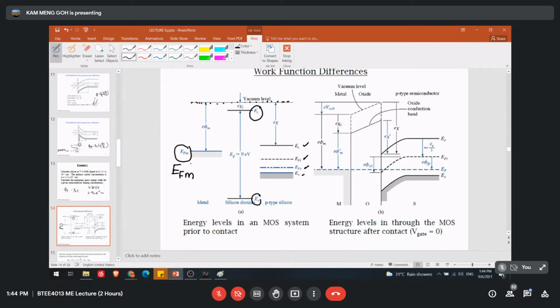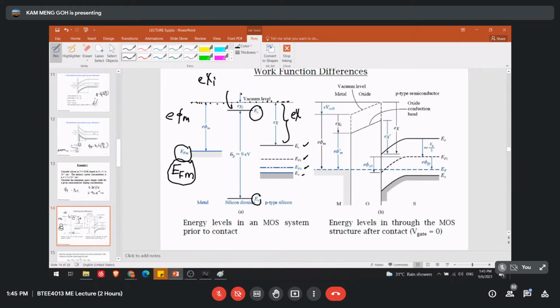The difference between the Fermi energy level of the metal and the vacuum level, we write as delta M. Then the difference between the vacuum level and the conduction band energy level for the insulator, we write as ESI. And for the semiconductor, the gap, we write ES.